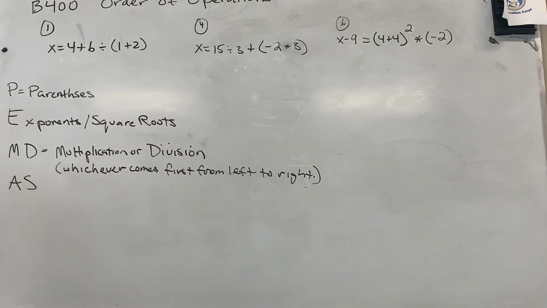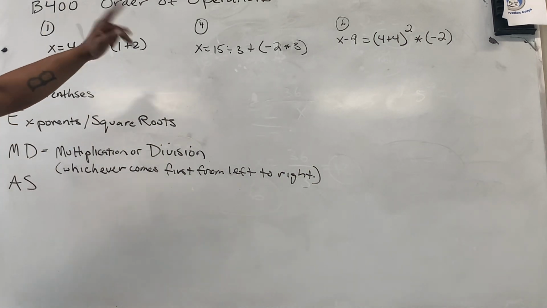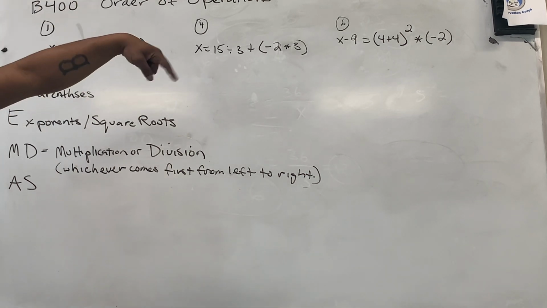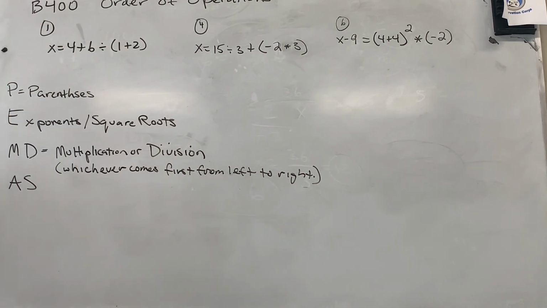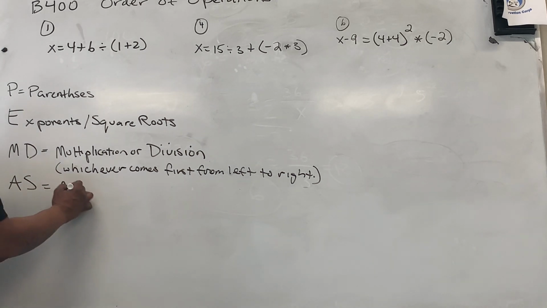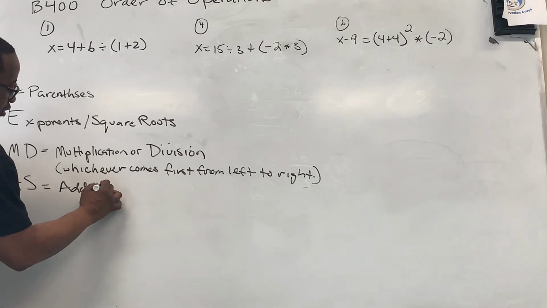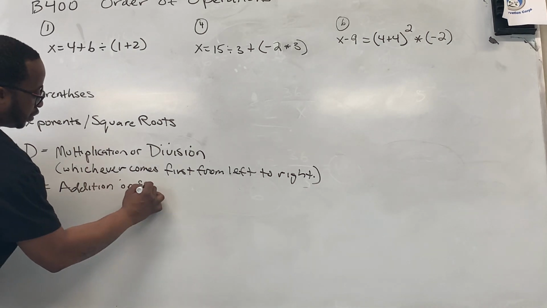This is a very important rule because some people think that if they see a division first, then they see a multiplication, they'll do the multiplication first, then do division. You don't want to do that, okay? Same thing with addition or subtraction.